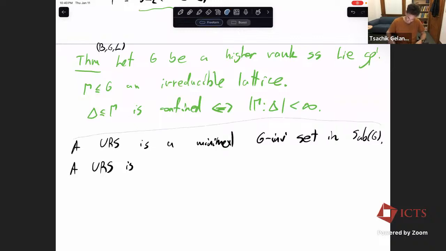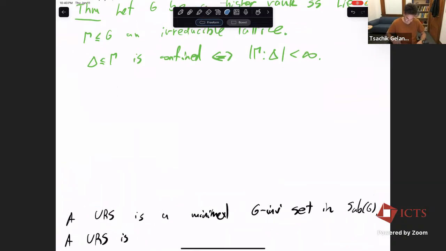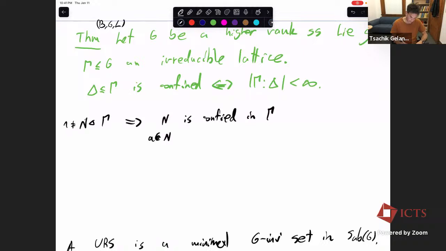So let me postpone this discussion about URS. Suppose that N is non-trivial and normal in gamma, then N is confined in gamma. What does it mean? Take A inside N which is not the identity.